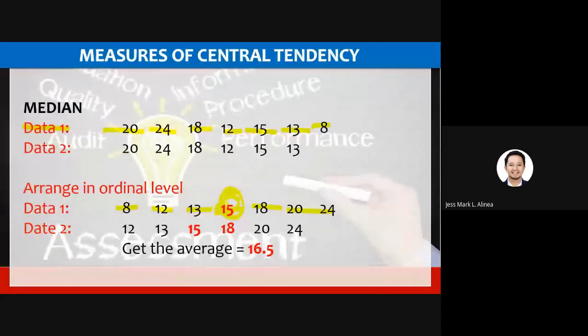This is your median. For data 2, let's say 20, 24, 18, 12, 15, 13. Arranged in ordinal level, it becomes 12, 13, 15, 18, 20, and 24. Since even ang bilang ng ating scores, ang gitna natin ay ang 15 at 18. To get the median, you get the average of 15 and 18.